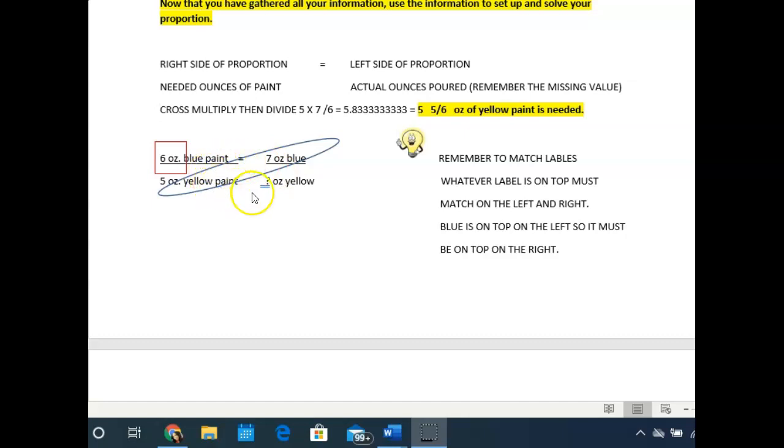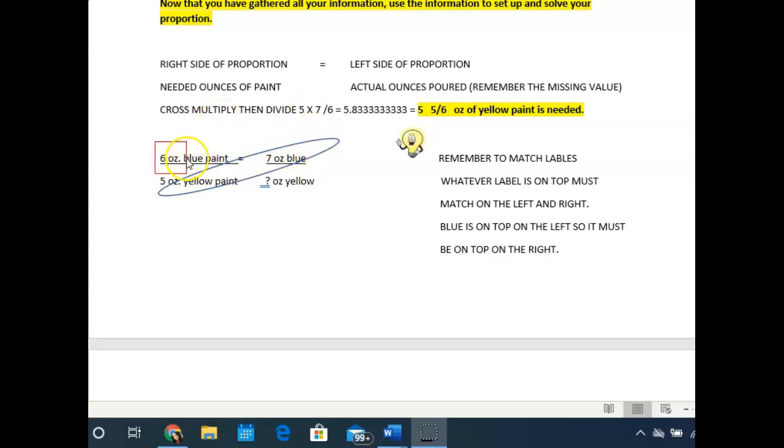When you are setting up this proportion, that's the first thing you need to think of: you need to do your part-to-part ratio, and you need to look at the labels. Those labels are very key when setting up the proportion, because whatever you have on top on the left must be on top on the right.